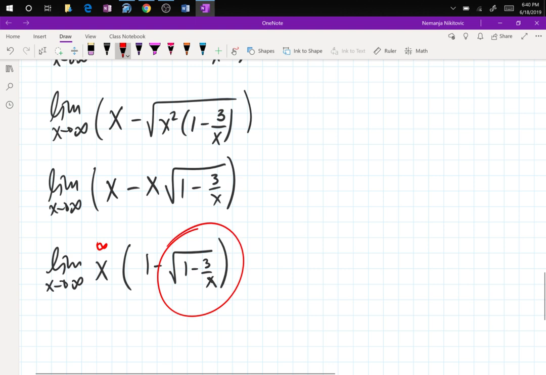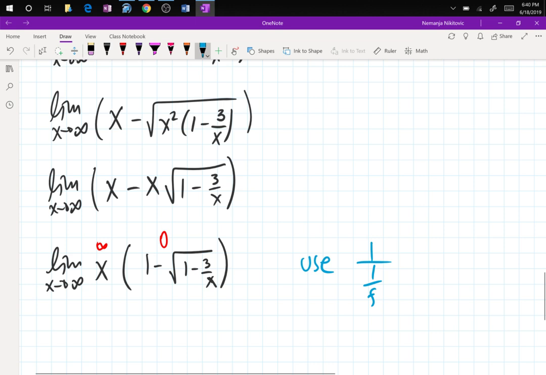So what's the root of 1? Square root of 1 is 1. And then we have 1 minus 1? 0. Woohoo! We changed the whole thing into infinity times 0, so now we can use the 1 over f. How does that become 0 again?